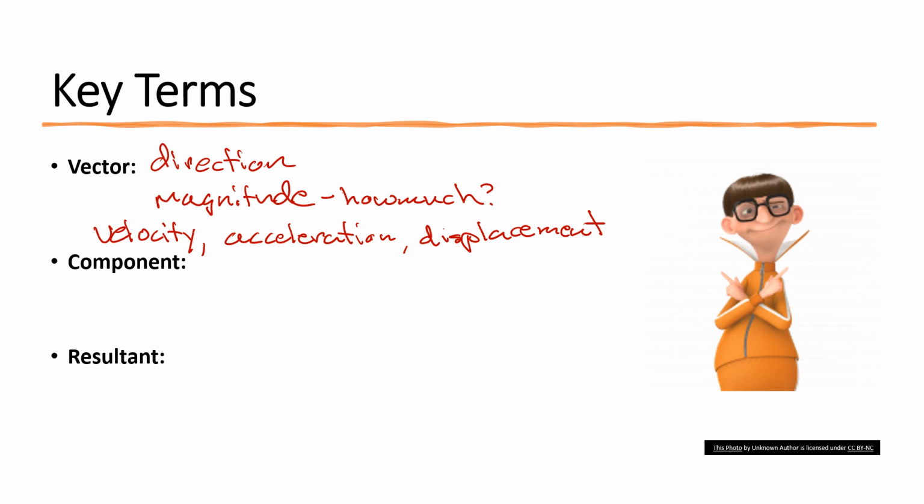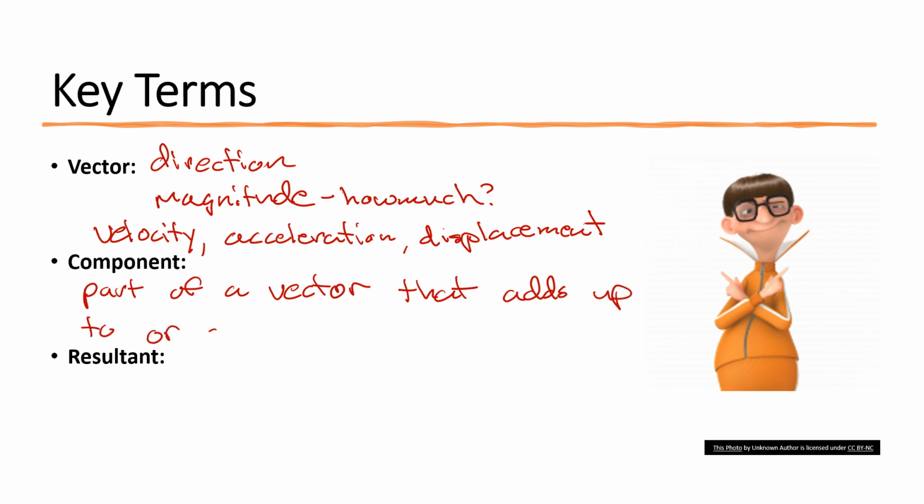So what we're going to be doing is looking at a velocity, and we are going to turn that velocity into two components. So if a component is a part of a vector that adds up to or subtracts from a vector.